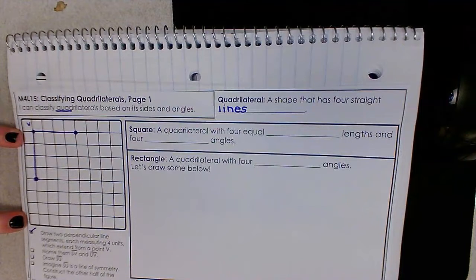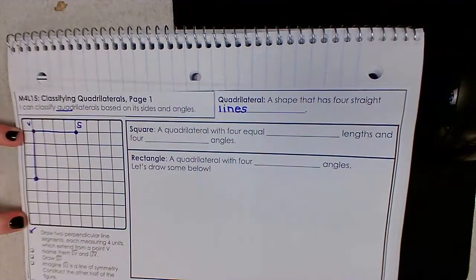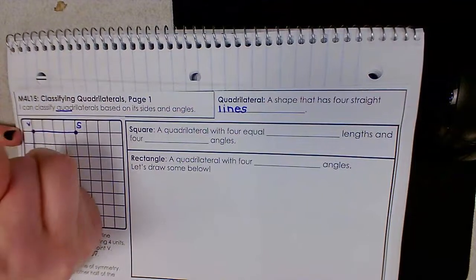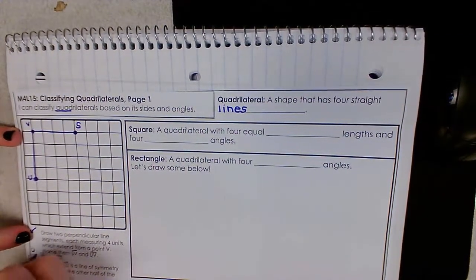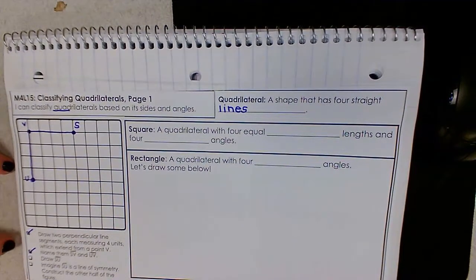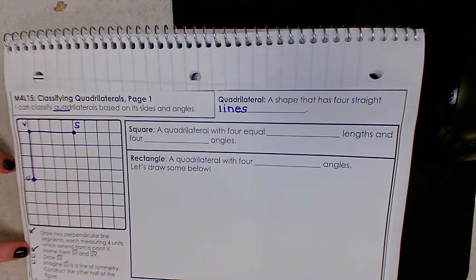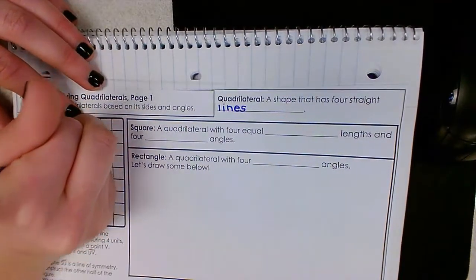I'm going to name these lines SV and UV. Now I'm going to draw a line segment SU, which means I'm going to connect my points S and U together at a diagonal.